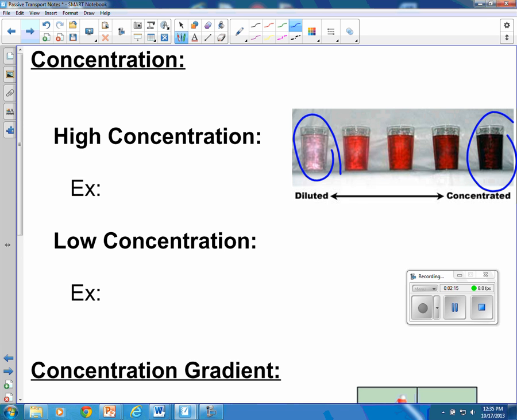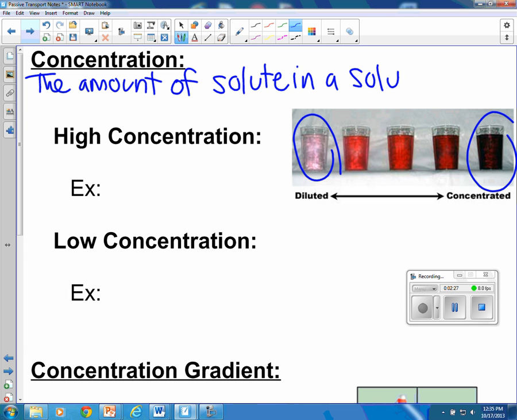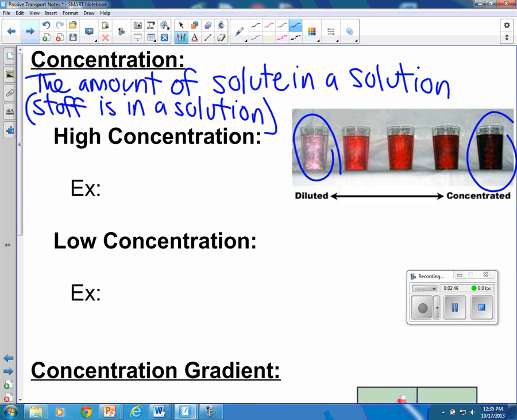The definition of a concentration is the amount of solute in a solution, or how much stuff is in it. A high concentration has more solids.